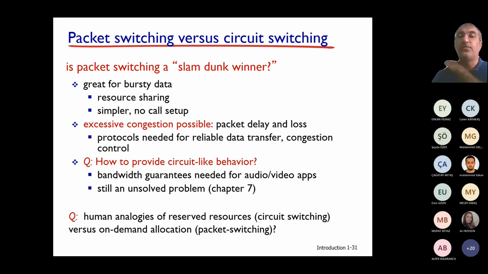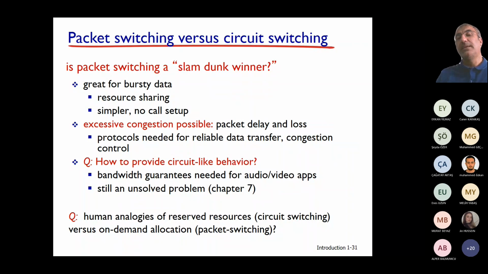Packet switching is great for bursty data because we share the resources. It's simpler compared to circuit switching, with no call setup. Excessive congestion is possible, causing packet delay and loss.